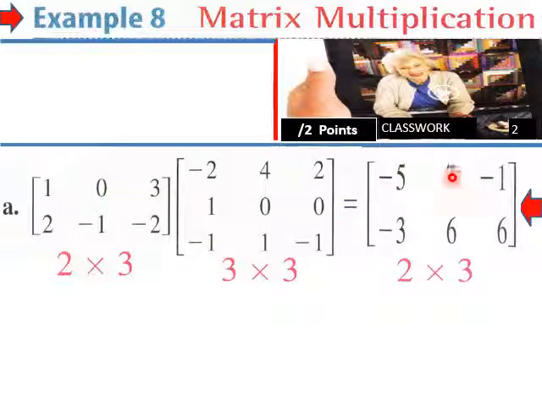And then for 7 here, we multiply this row by this column. So it'll be 4, 0, and then 3 would give us 7. And then for this part of our matrix, it would be this row by this column. So it'd be 2, 0, and then -3 would be -1. So there's our first row.